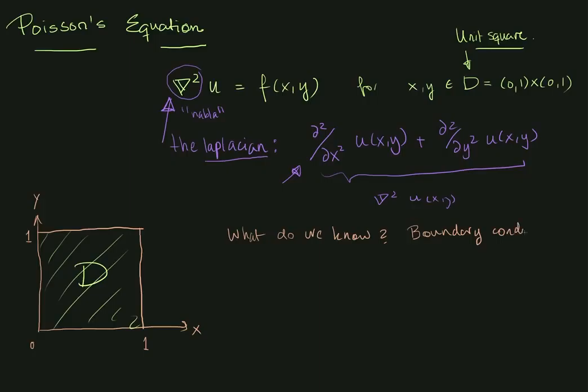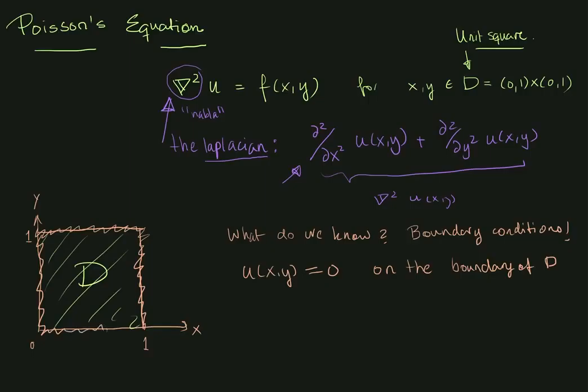According to the book, the boundary conditions that u of x comma y should satisfy are as follows: our solution u is equal to 0 on the boundary of D. So for all x and y on the boundary of the unit square, we know that the solution is equal to 0.